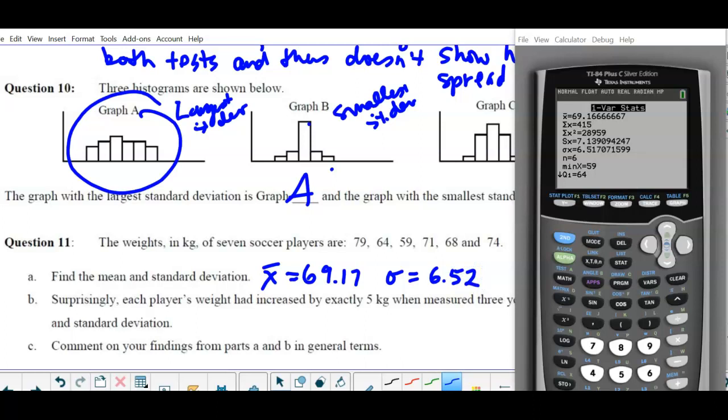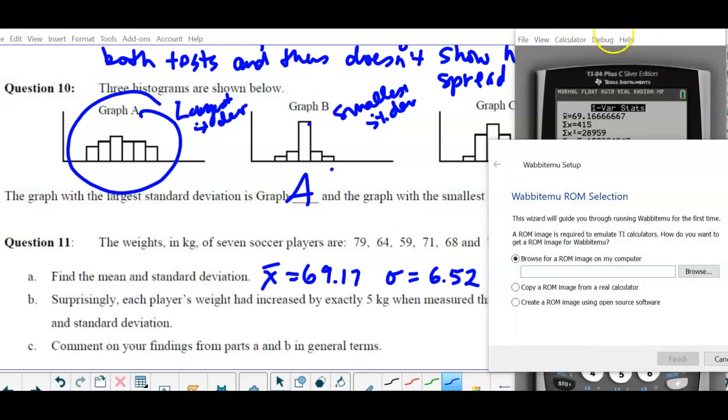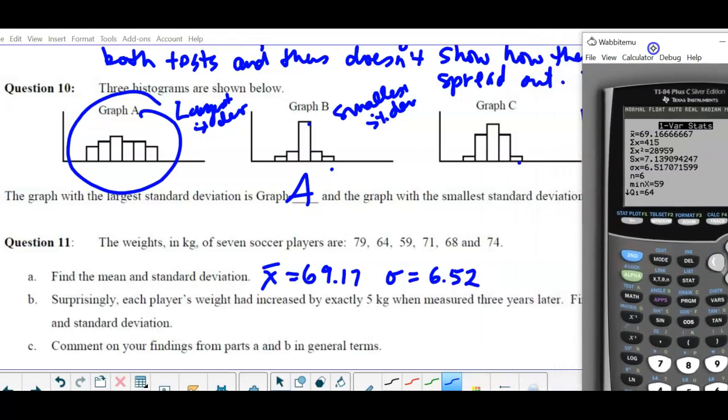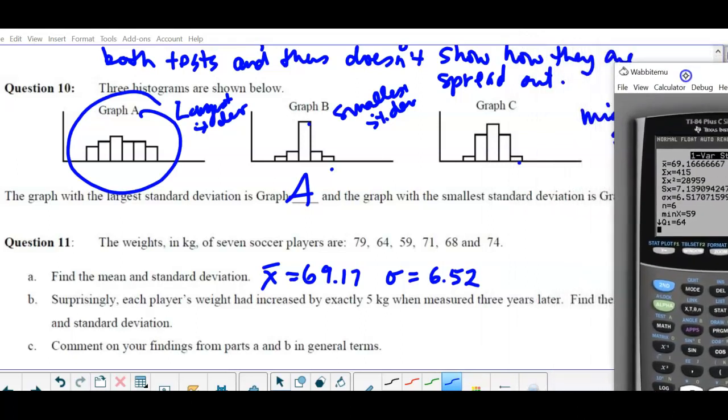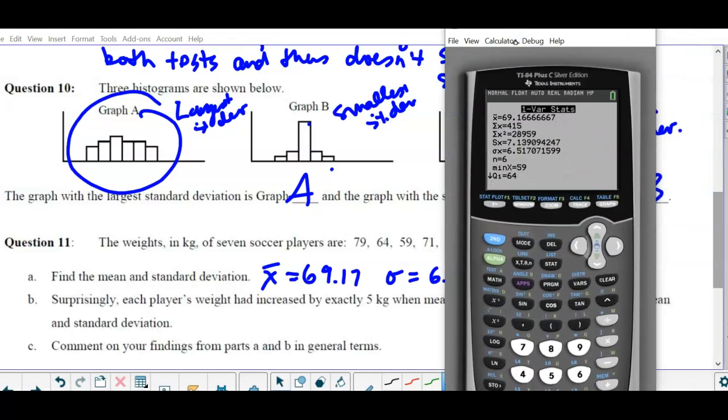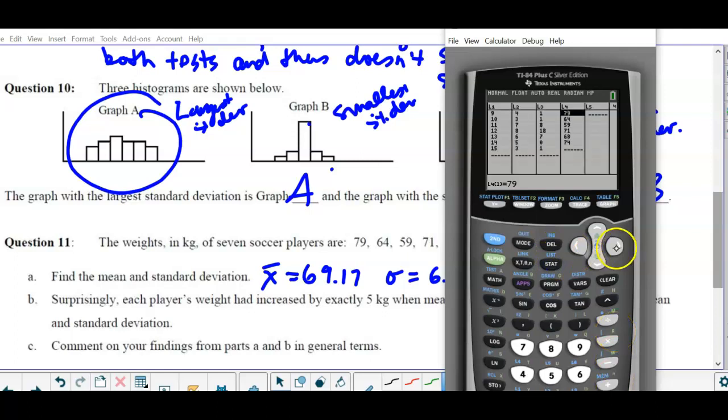Okay, it says surprisingly, each player's weight had increased by exactly 5 when measured 3 years later. Find the mean and the standard deviation. Well, let's think about it. If I go to that list, let's add 5. So that would be 84, 64 plus 5 is 69, 59 plus 5 is 64, 71 plus 5 is 76, 68 plus 5 is 73, and 74 plus 5 is 79.